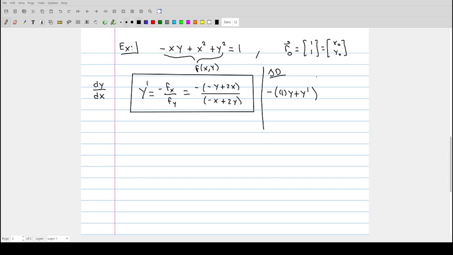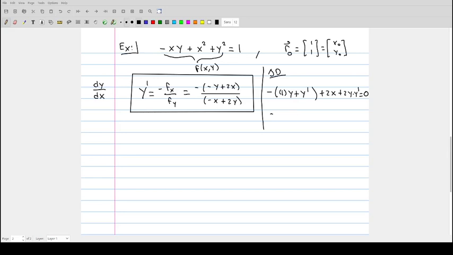The x derivative of this expression right here is going to be 2x, and the x derivative of this expression right here is going to be 2y times y prime, and the x derivative of 1 is just 0, because the derivative of a constant is 0. And then you can factor out the y prime term.